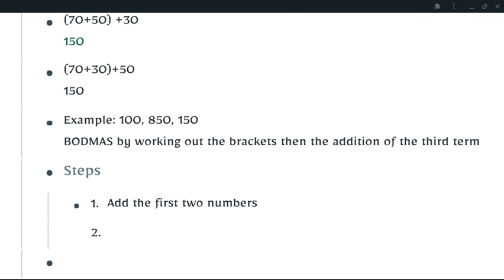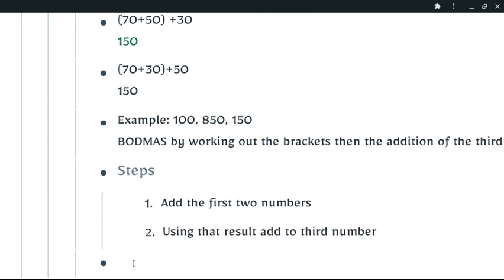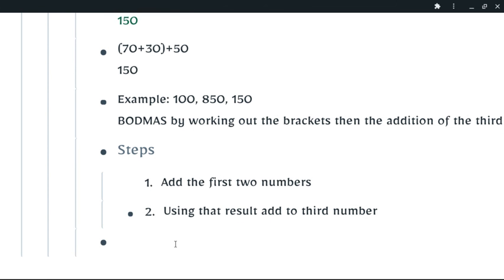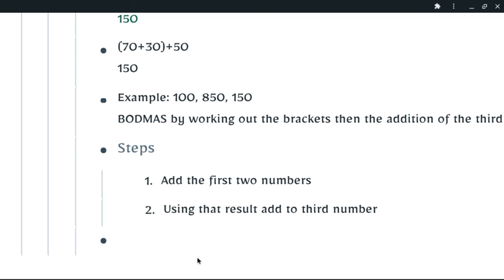Then step 2, using that result, add the third number. Everybody understand? All right, so those are the steps. Add the first two numbers using brackets.